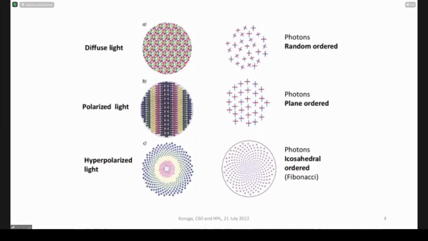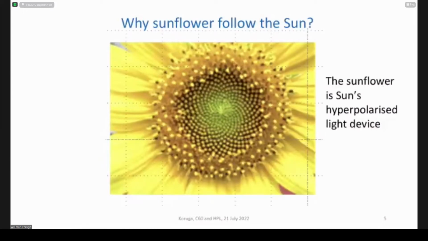For better understanding, I will show you just one image in which you can easily recognize the hyperpolarized light. This is the organization of the sunflower.